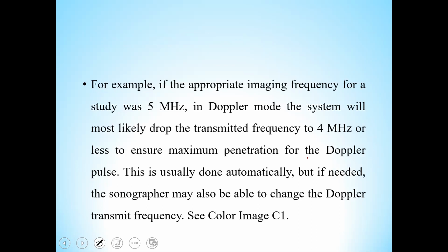For example, if the appropriate imaging frequency or grayscale frequency is 5 megahertz, and you turn on the Doppler, then the frequency will be reduced to 4 megahertz, because 4 megahertz is selected instead of 5 megahertz for Doppler to be scattered easily from RBCs.